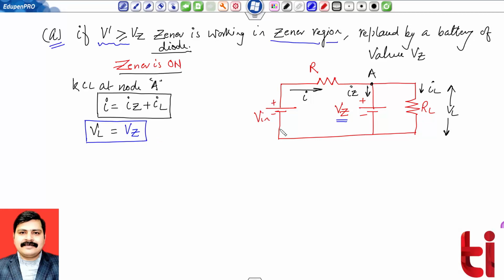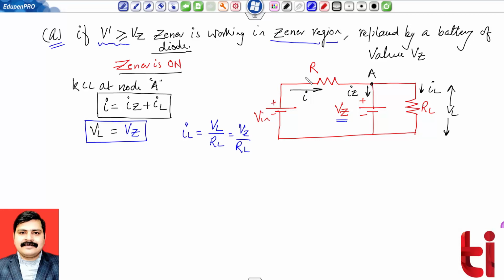Now I want to calculate IL, the current flowing through the load resistance. It is simply VL divided by RL, or now it is Vz divided by RL. And I can also calculate this current I. The voltage across this particular point is Vz.